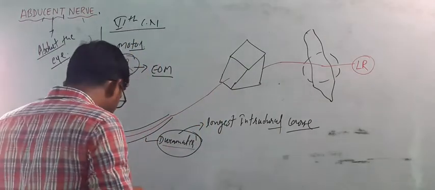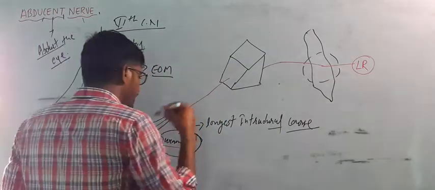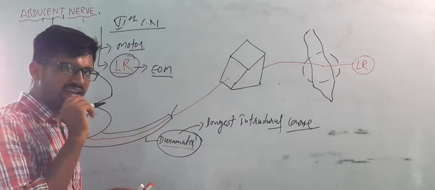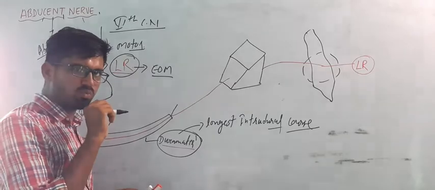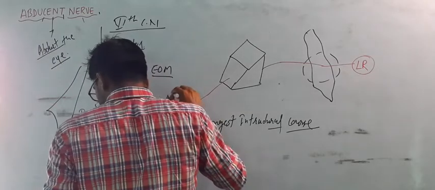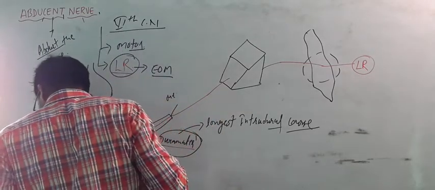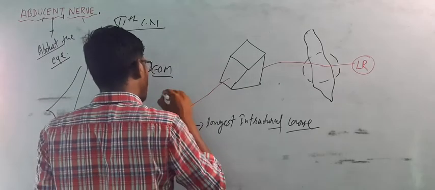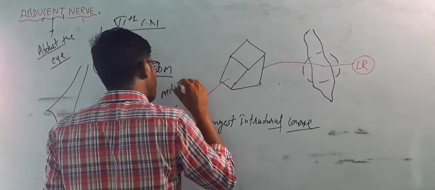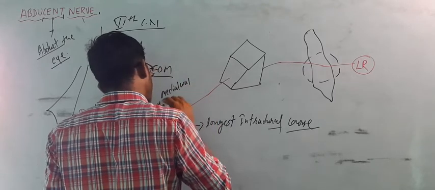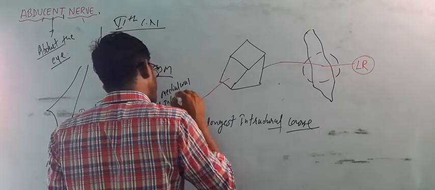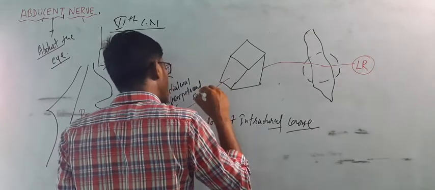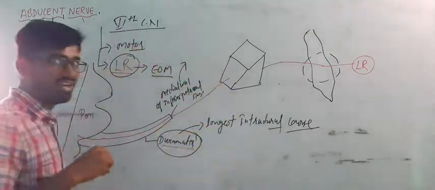After that, from here it will go to the medial wall of the inferior petrosal sinus.